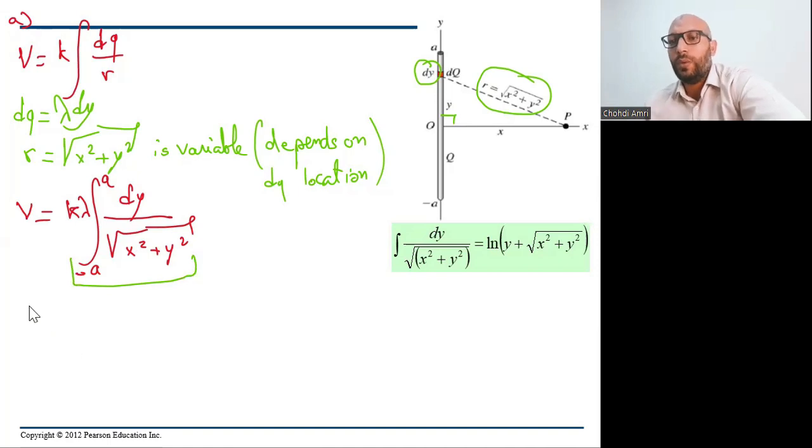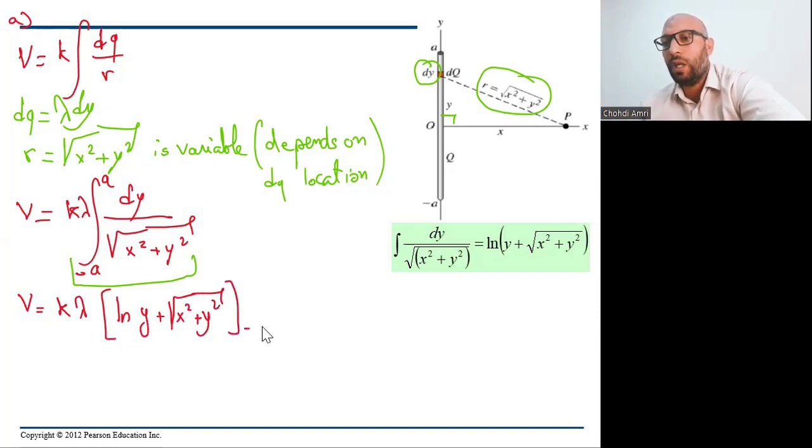Okay, so the electric potential at the point P equal K lambda multiplied by ln y plus square root of x squared plus y squared, varying from minus a to a. So it will be k lambda factor of ln.